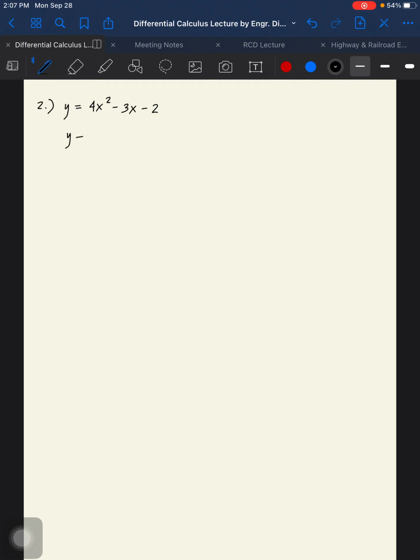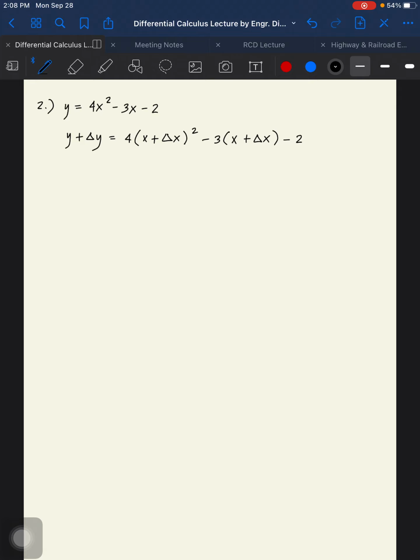We have y plus delta y equals 4 times x plus delta x squared. So notice what happens there. Minus 3 times x plus delta x minus 2.